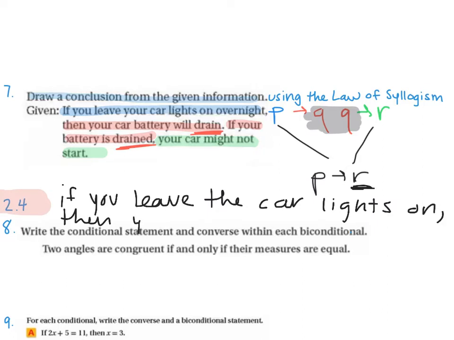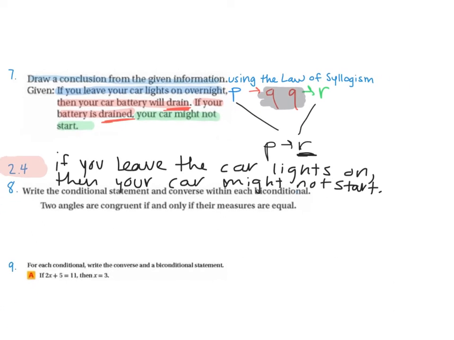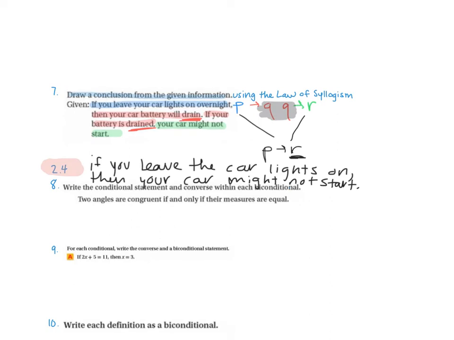So then your car might not start. So this is the conclusion that we drew using the law of syllogism. So our answer would be, if you leave the car lights on, then your car might not start. And that's the answer to 7.